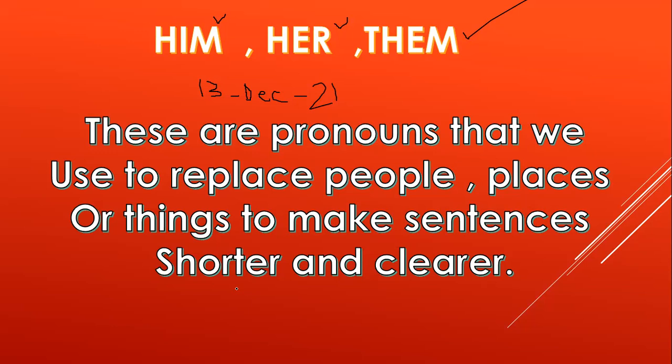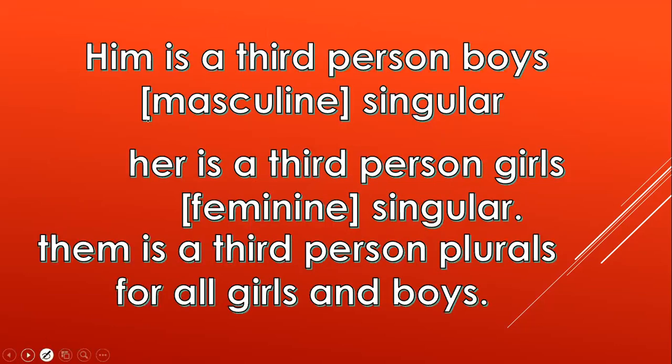Let's look at the next slide. On the next slide, why do we use him? Him is a third person for boys if they are singular, okay? Third person for a boy.